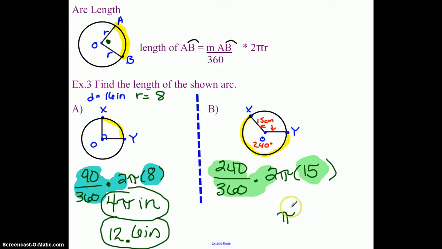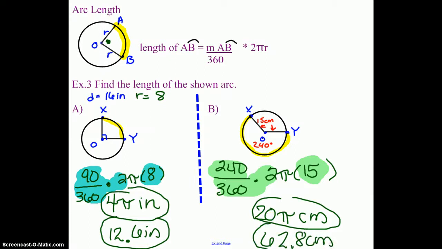So 240 divided by 360 times 2 times 15 will give me 20. So 20 pi centimeters would be in terms of pi. If I put that in my calculator, it would be 62.8 centimeters. So please look at the form.